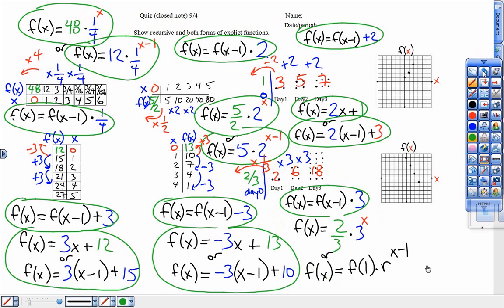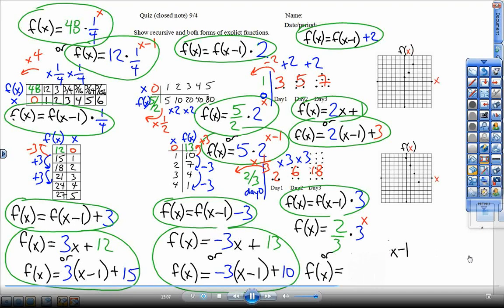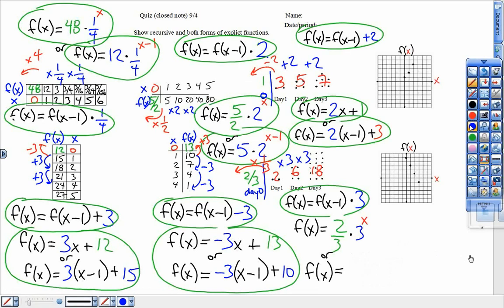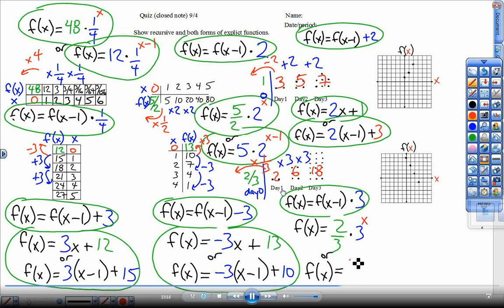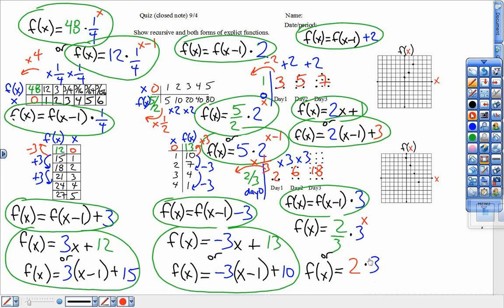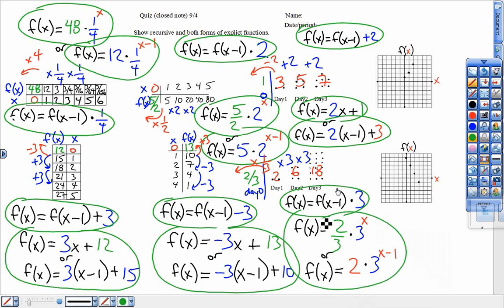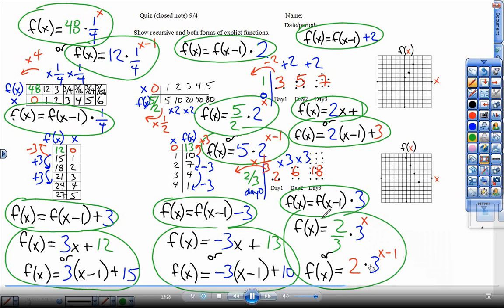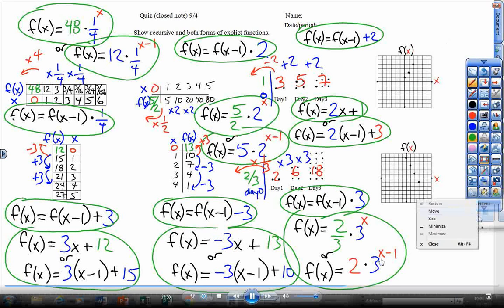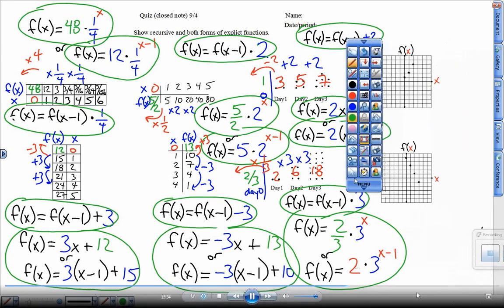So this ends up being f of x equals, with the real numbers in there, 2, which is my first term, or when x is 1, y gets spit out as 2, times 3 to the x minus 1 power. If you were to find the fourth one, if you plug in 4 right here, 4 minus 1 gives you 3 to the third power, 27. 27 times 2, 54.